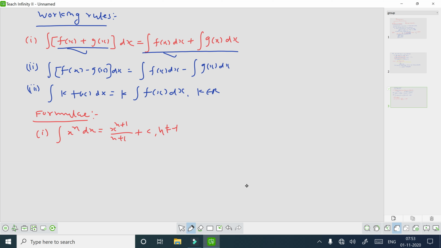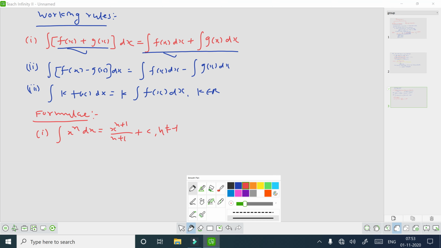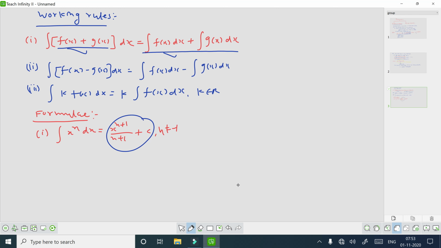You have already seen this in 11th science, in physics, so many times. But here we are going to see it in general form. If you differentiate the right hand side, you get the function x raised to n. So there is no need to prove it.